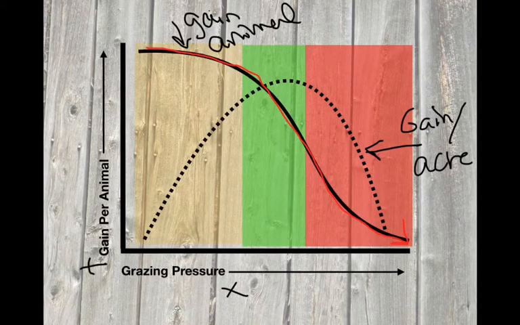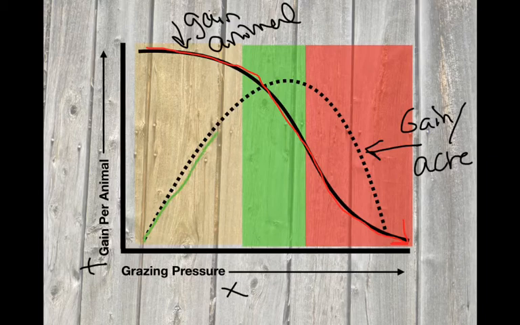Now, if we flip it and look at how that impacts gain per acre, at the extremes of grazing pressure we are going to have low gain per acre. When grazing pressure is low, it benefits the gain per animal, but because you don't have a lot of animals out there, your gain per acre is low.